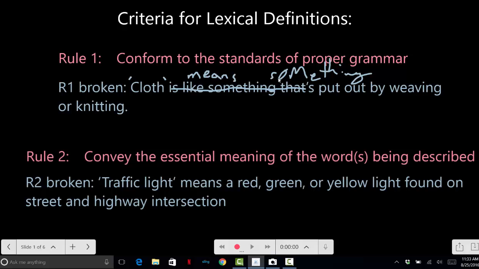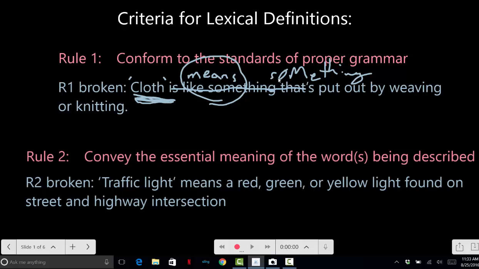But the main point, insofar as it doesn't conform to proper grammar, is that we need to make sure that we're talking about the word in question. We also want to make sure that we're talking about what this word means, what it's supposed to signify.